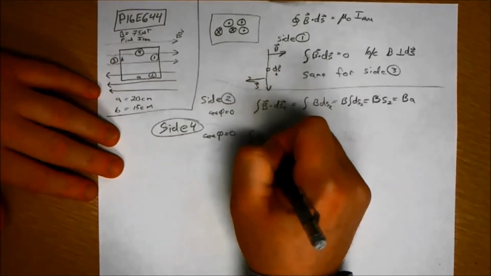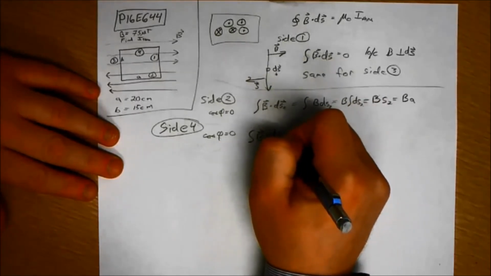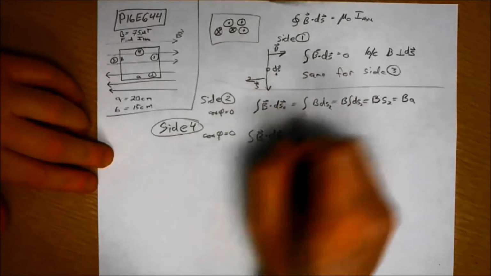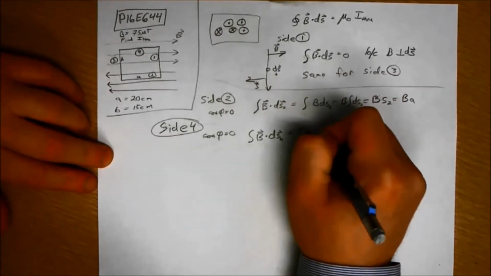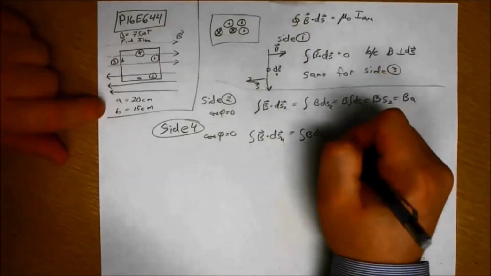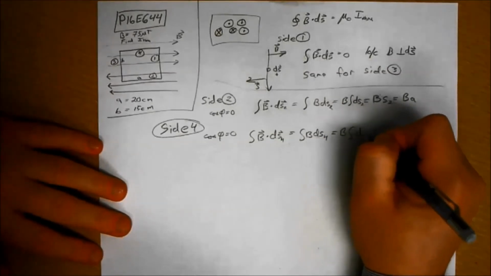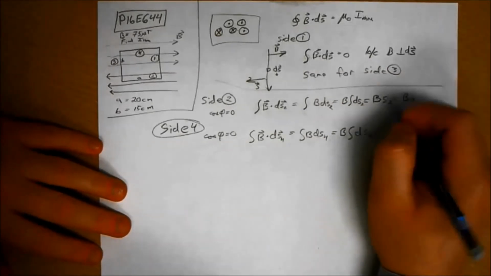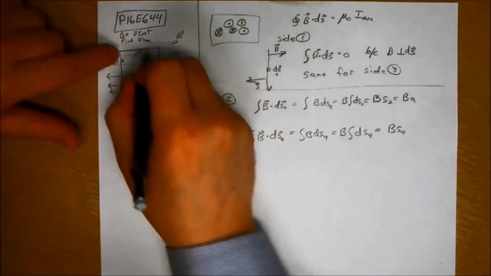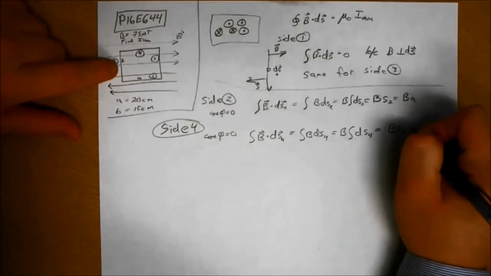So the integral of B dot ds4 is just B times ds4. The magnetic field is constant everywhere on that path, so I can pull B out of the integral. So this is just the integral of s4, that's B times s4. S4, just this path from here to here, is just a, so it's Ba.